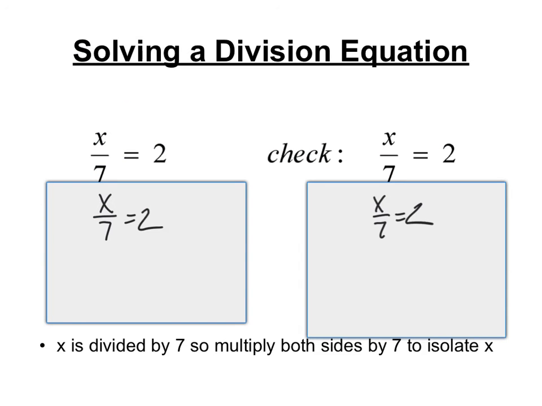All right, let's look at this equation. We have x divided by 7 is equal to 2. I have division, and I undo division with multiplication. So multiplication in algebra, when we're solving equations, means I'm going to put a dot to show multiplication on both sides. I'm not going to use an x. I'm not going to put it underneath the 7.